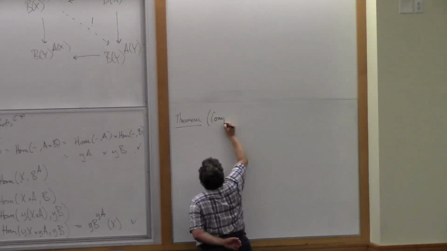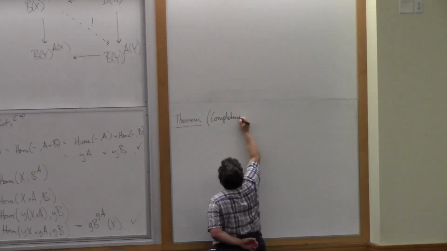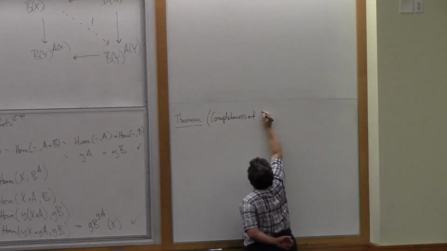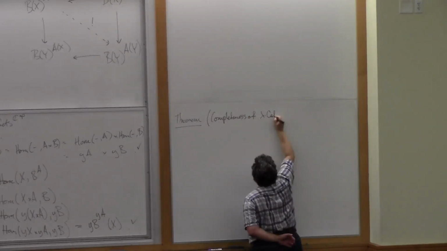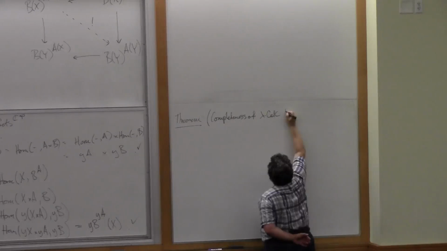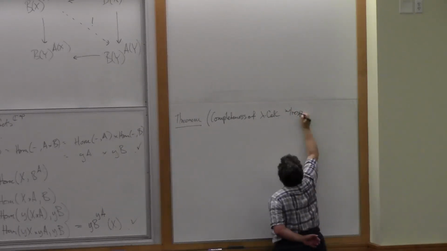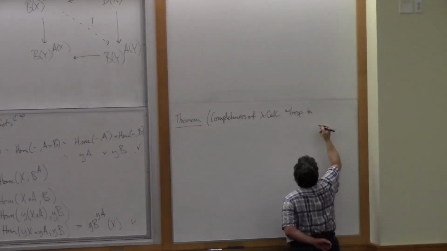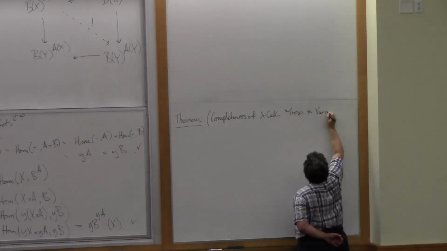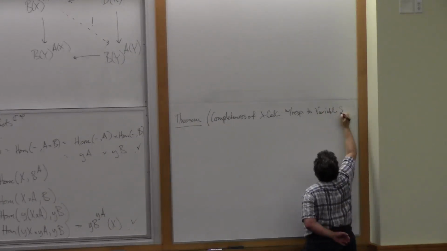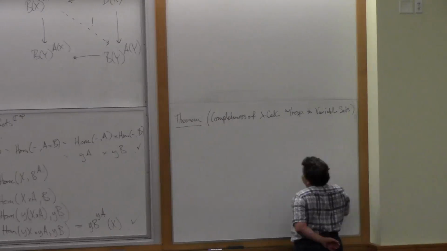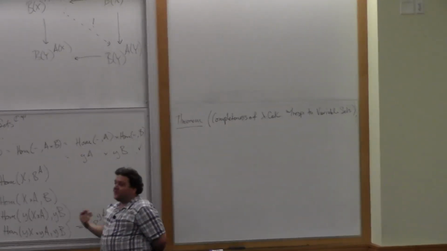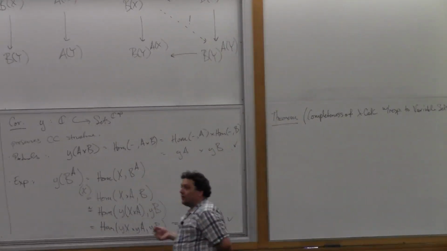So this completeness of the lambda calculus or simple type theory with respect to, well, variable sets. And the statement of the theorem is basically the one that I wrote down before, right?